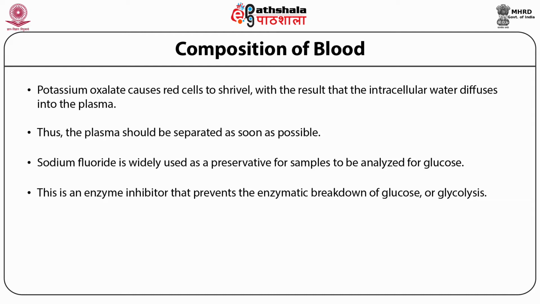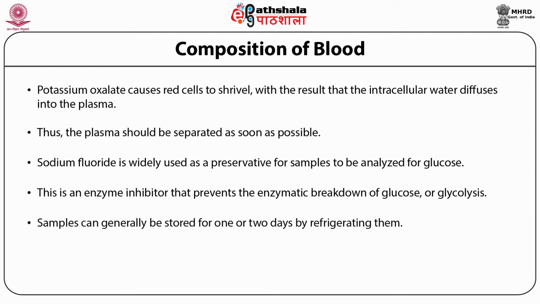One milligram of sodium fluoride per milliliter of blood is adequate, since it also inhibits other enzymes including urease. Sodium fluoride should not be added to samples to be analyzed for enzymes or for urea based on urease catalysis.